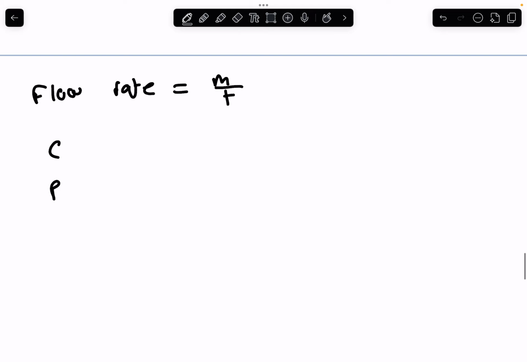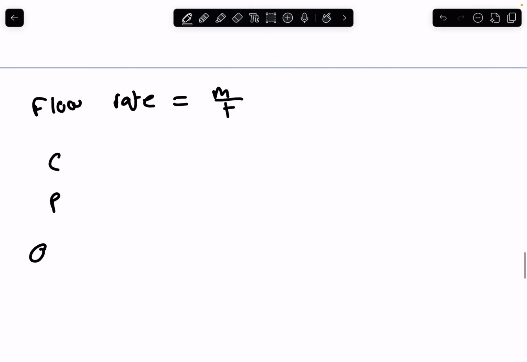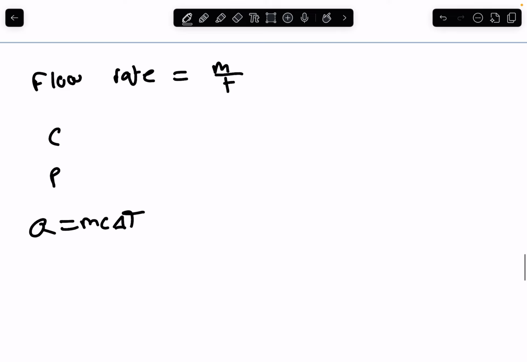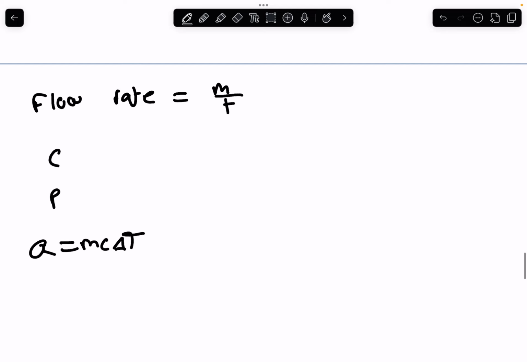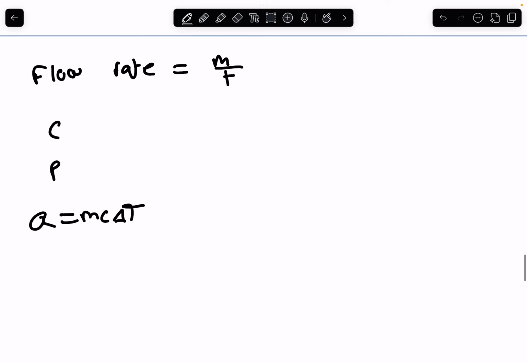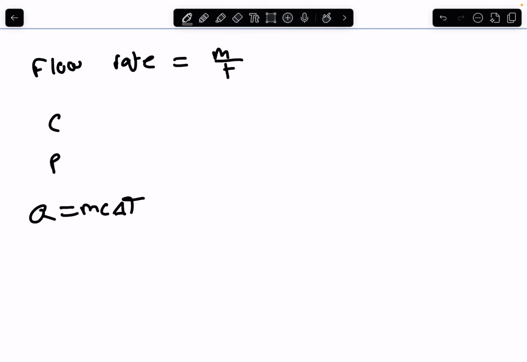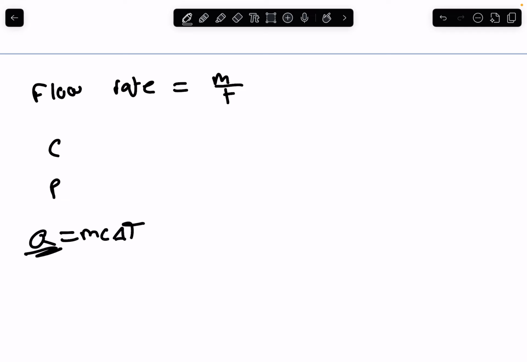The equation that comes to mind as soon as I write this is Q equals mc delta T. But we don't have Q and we don't have m, we only have C. So we have to think, power, this is energy, right? This is heat energy. And it's saying that it's a heater, but that won't even matter.